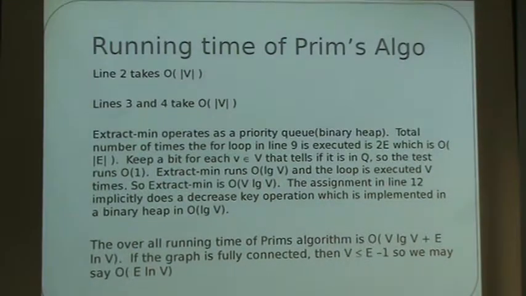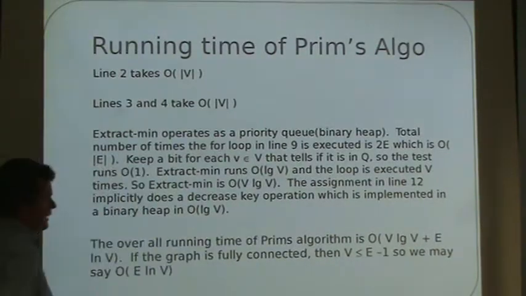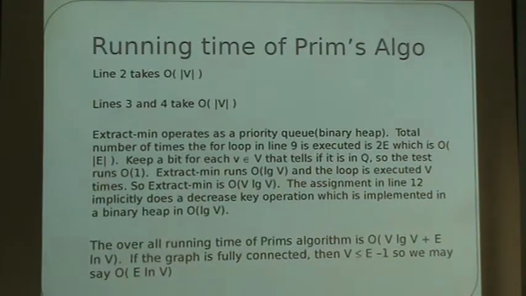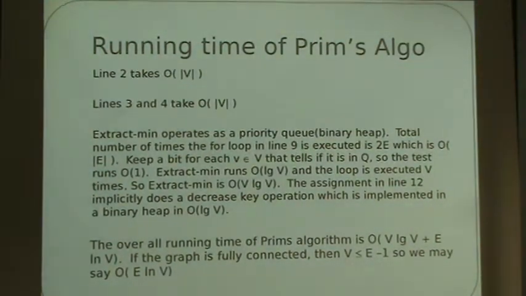Okay, and then we can keep a bit for each vertex that tells us whether it is in Q or not. So a bit saying yes, it's on or not. So that test would take constant time. And then by choosing a heap, the extract min operation would run log V. So that loop ends up being executed V times.